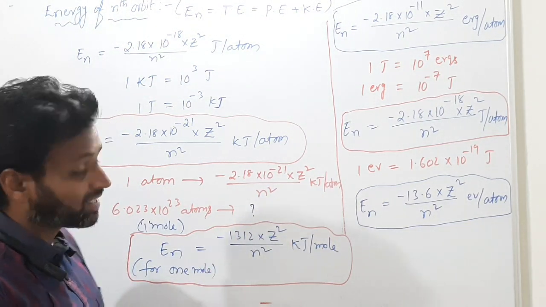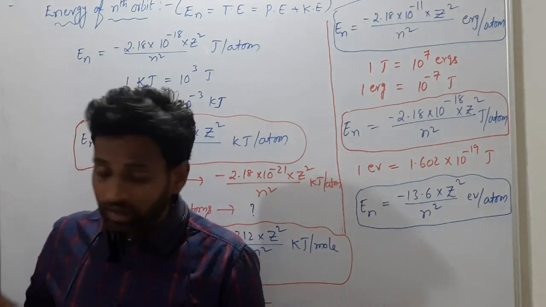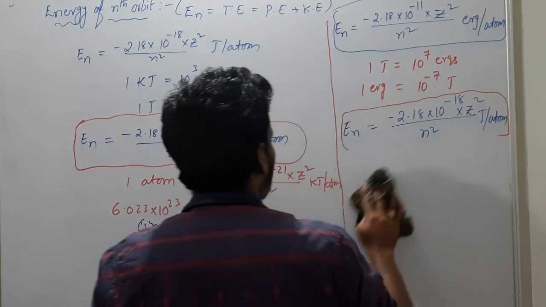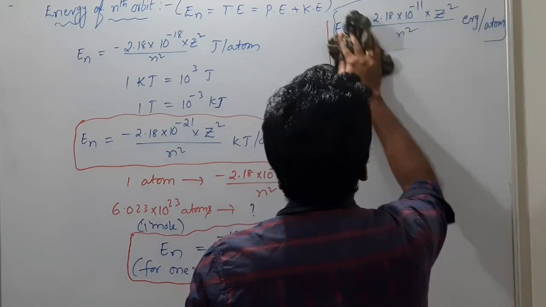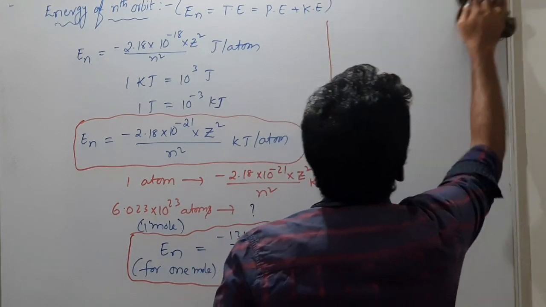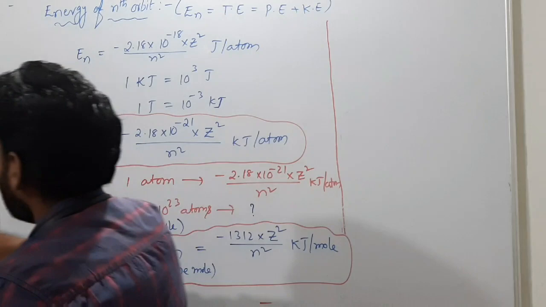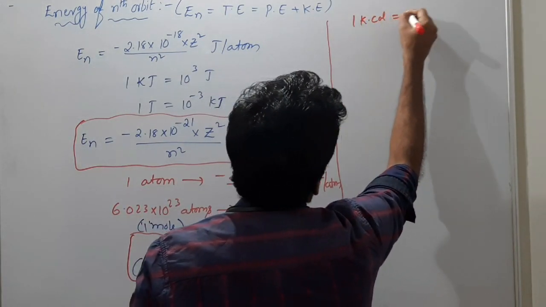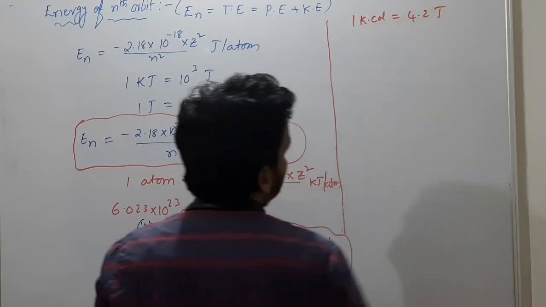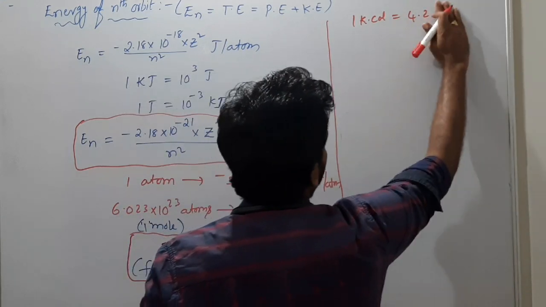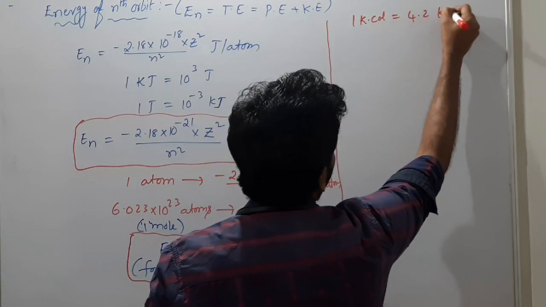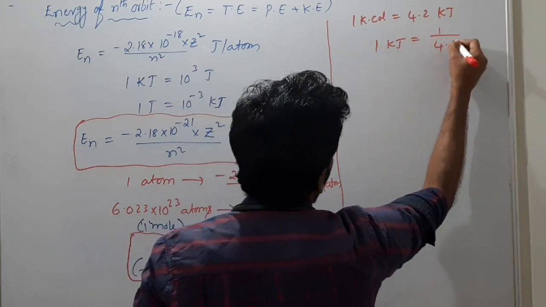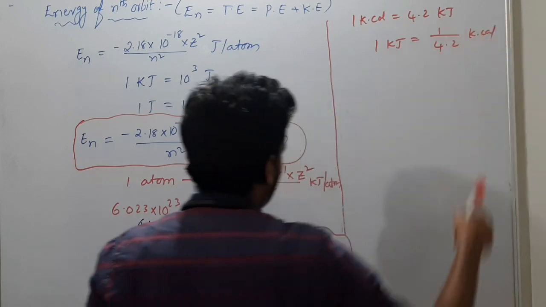One more you have in electron volts, and kilocalories you have one more. So better to have all the formulas. 1 kilocalorie is equal to 4.2 kilojoules, so 1 kilojoule is equal to 1 by 4.2 kilocalories.